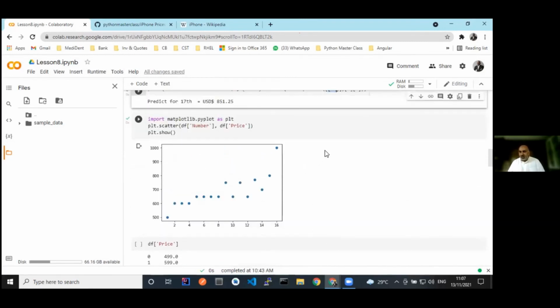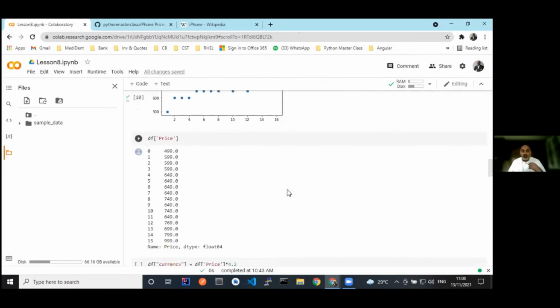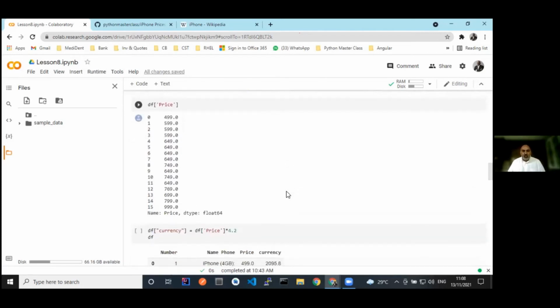Okay, let's continue on. Now we need to know how good our model is, because just because we can predict doesn't mean it's useful. This is when probability and statistics kick in.